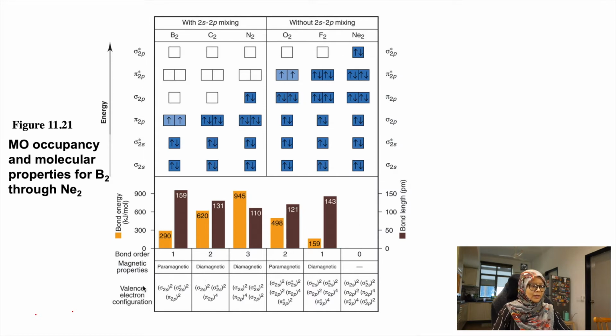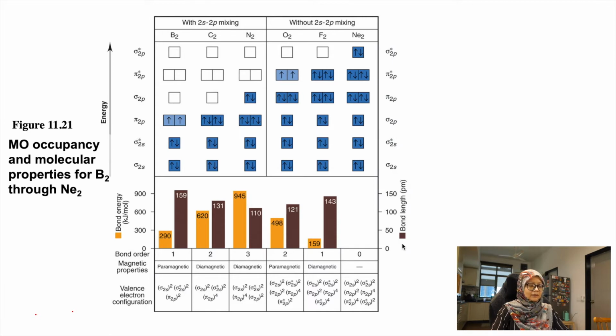You can write down the valence electron configuration from this molecular orbital diagram, starting from the bottom to the top. Other than that, you can see the bond length.